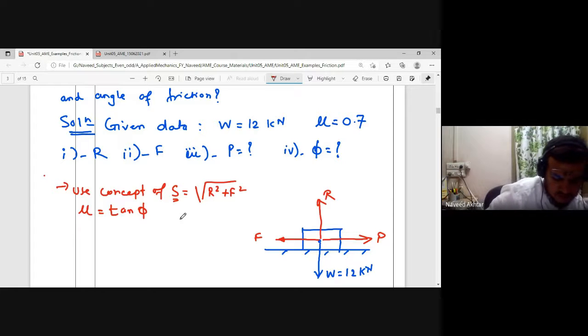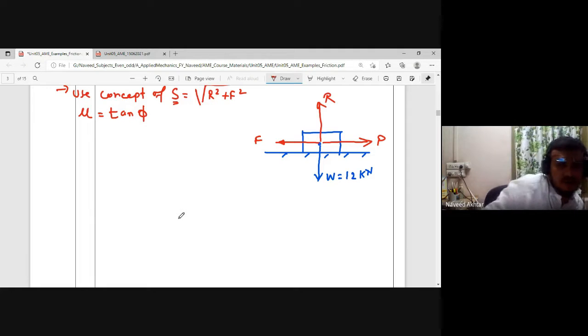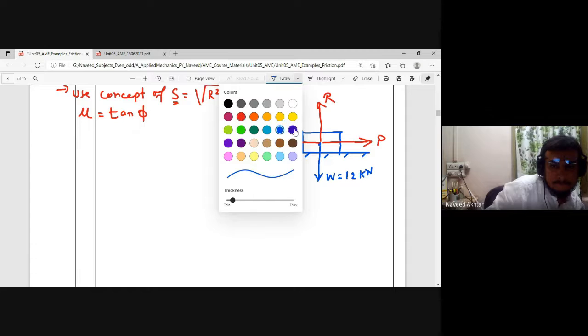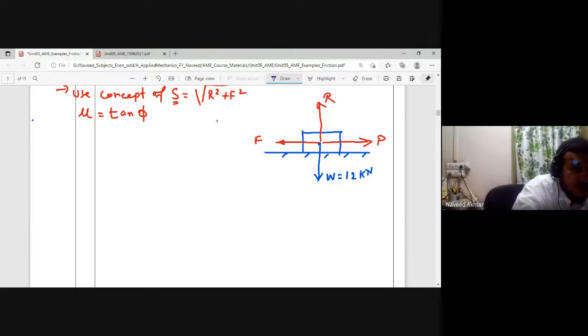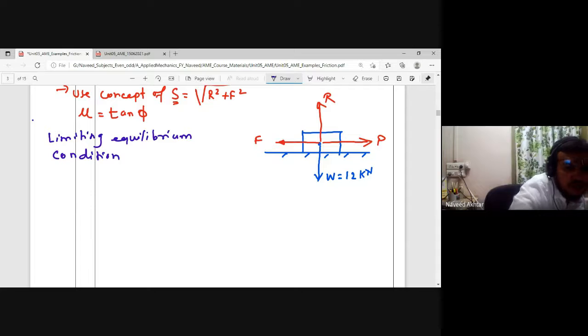Now you can find out, in limiting equilibrium condition, you know that summation of Fx is equal to 0, summation of Fy is equal to 0.